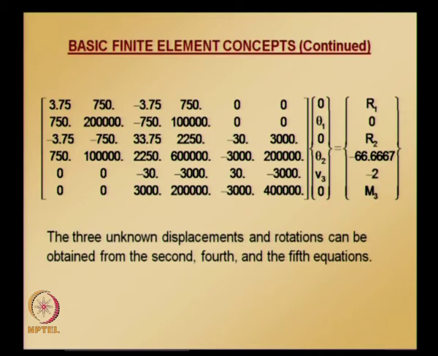The 3 unknown displacements and rotations can be obtained from the second, fourth and fifth equations, by eliminating the 1st, 3rd and 5th rows and columns.